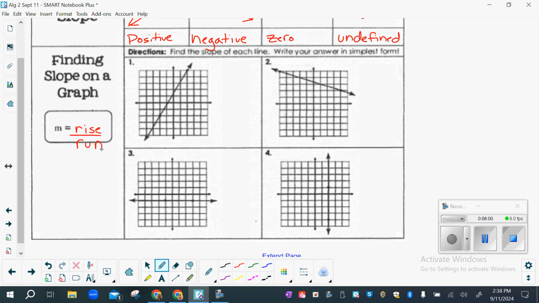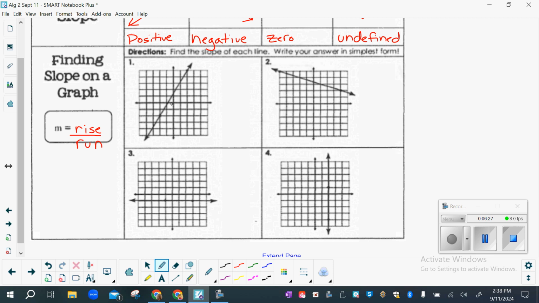Can I use this point, for example, right here? Why is that not a point that I'm going to use? We don't know what the values are there. Those would be decimal values, and we can't tell just by looking at it. So we have to pick ones that are right at the corner, so we know what those values are.